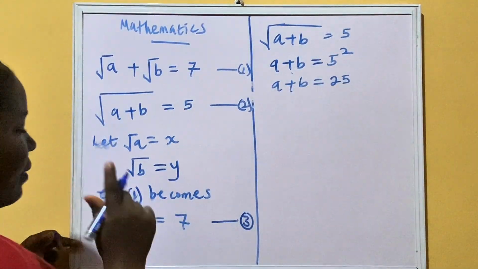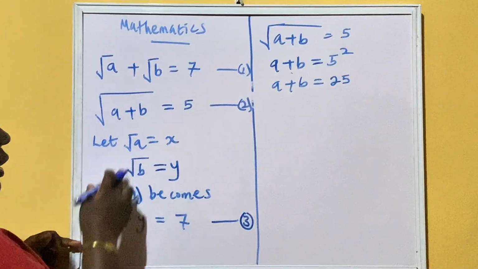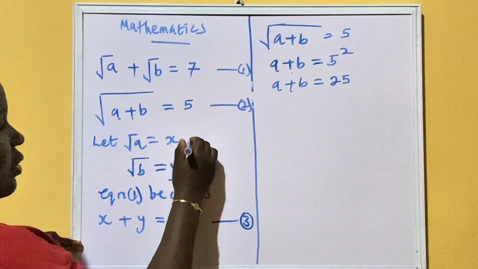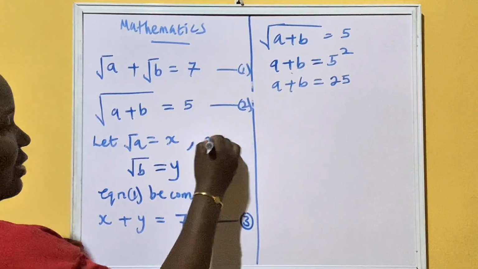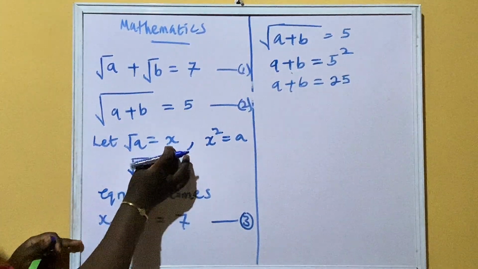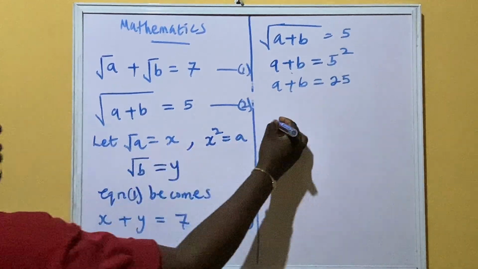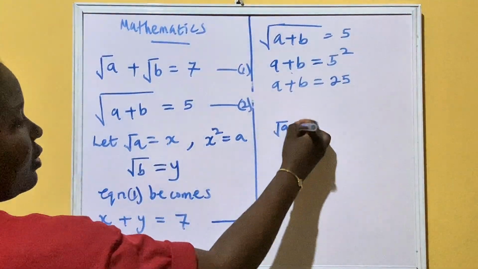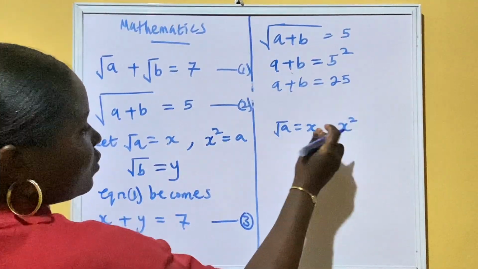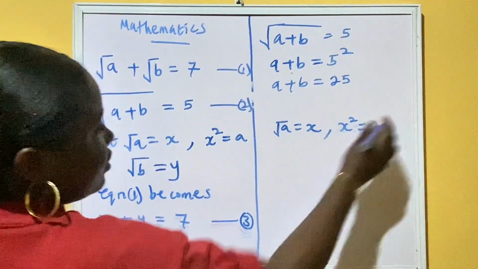Remember we said let square root of a be equal to x. Then x squared will be equal to a. If you take the square of both sides, x squared equals a.